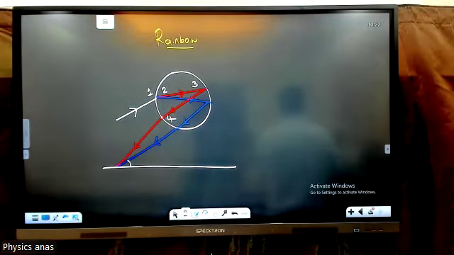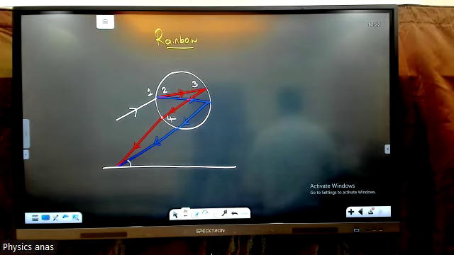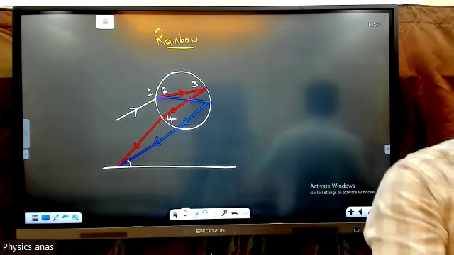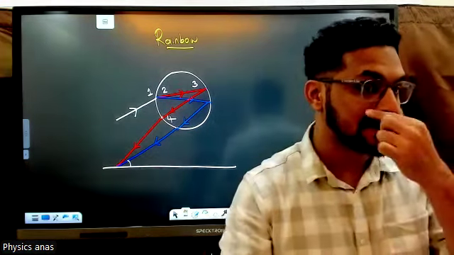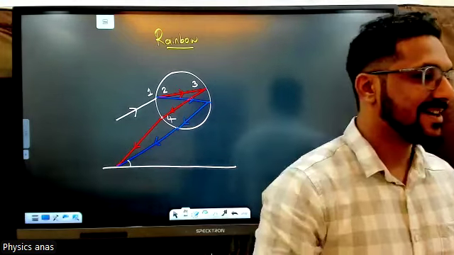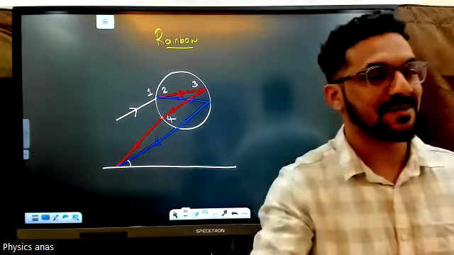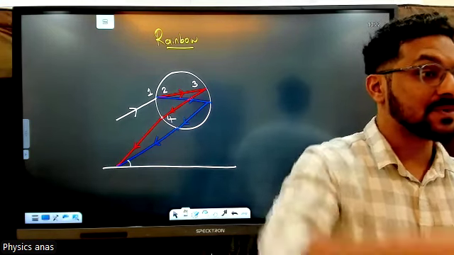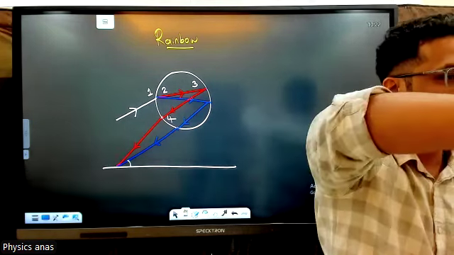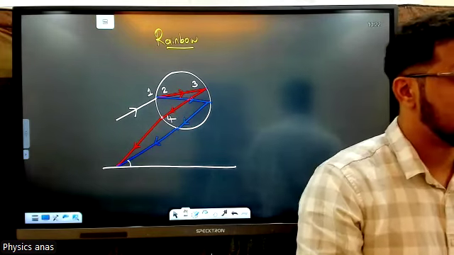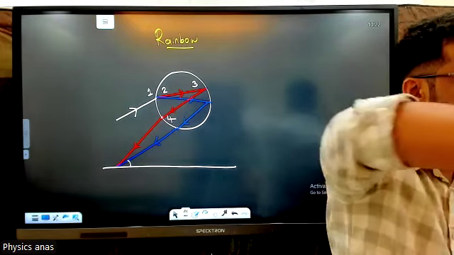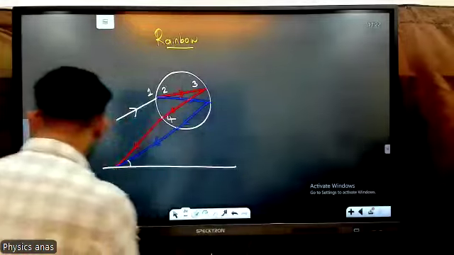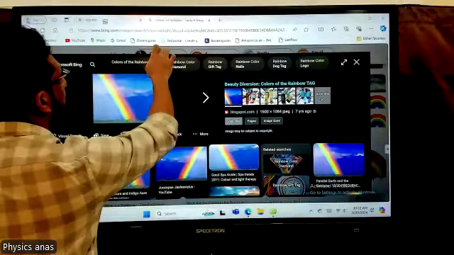But what is the actual shape of a rainbow? The actual shape of a rainbow is circular. We are just seeing a part of the rainbow. If you see a rainbow from a plane, it will be circular. Let's see if they have an image for that.